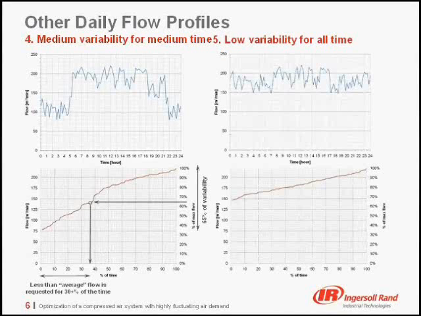The 5th case is a case where the requested flow continuously changes, but variability is only around 30% of the maximum flow. The variability occurs for all 24 hours a day, and this is typical for an almost constant production.